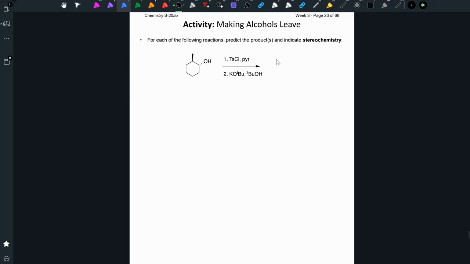This last one was kind of a review of a few things. Let's try it out. So first of all, TsCl and pyridine. I know that's going to give me a tosylate with the same stereochemistry. And now I'm adding this big bulky base.